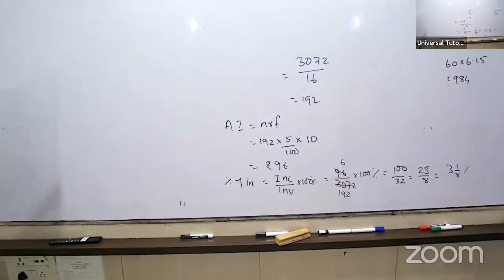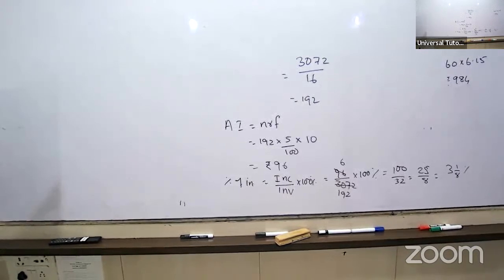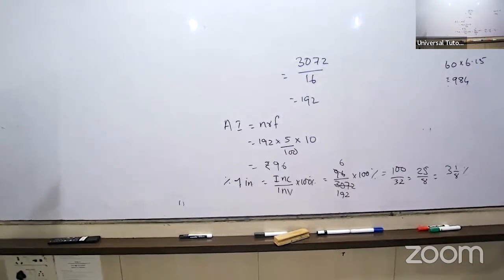Read the next question. A man buys 50 rupees shares of a company paying 12% dividend at a premium of rupees 10.